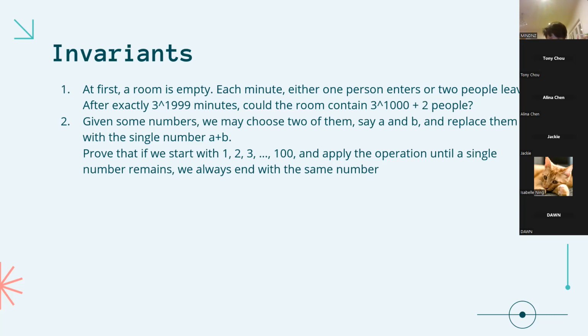Normally, to prove something is impossible, you can use invariance. That's one of the most common ways, probably, that I can think of. Obviously, invariants don't work to prove that something is possible because it just doesn't work.